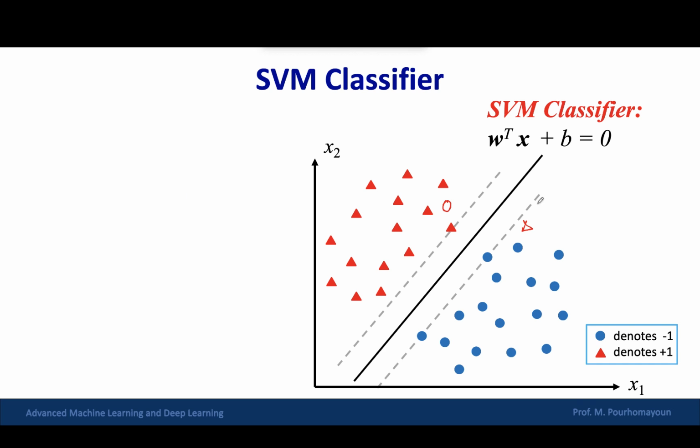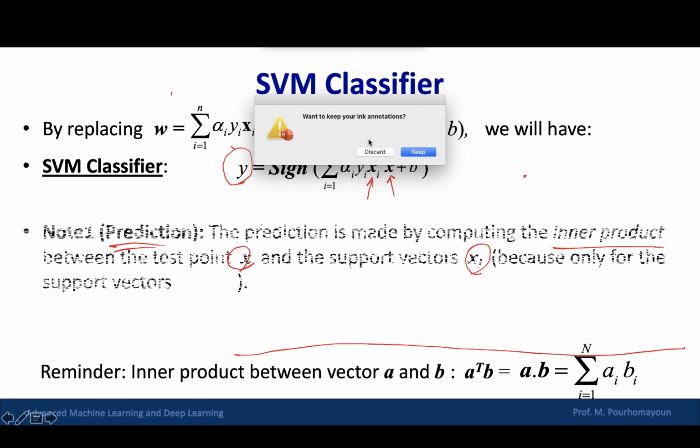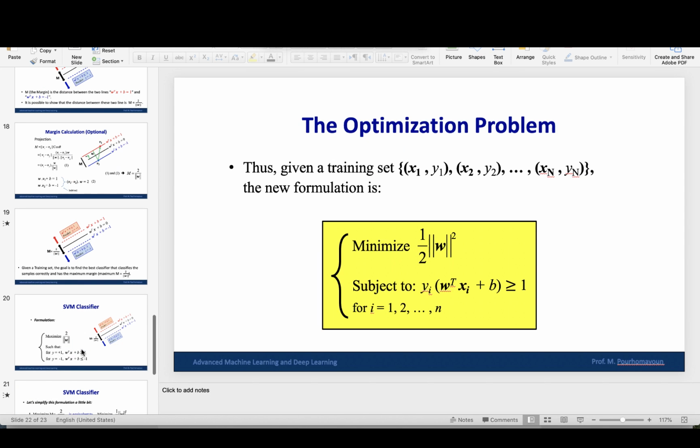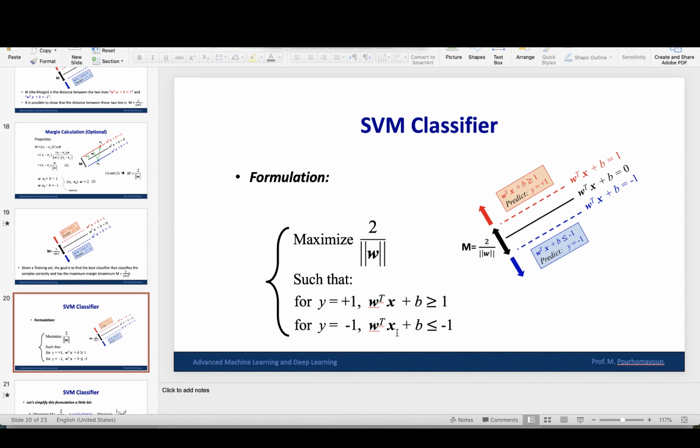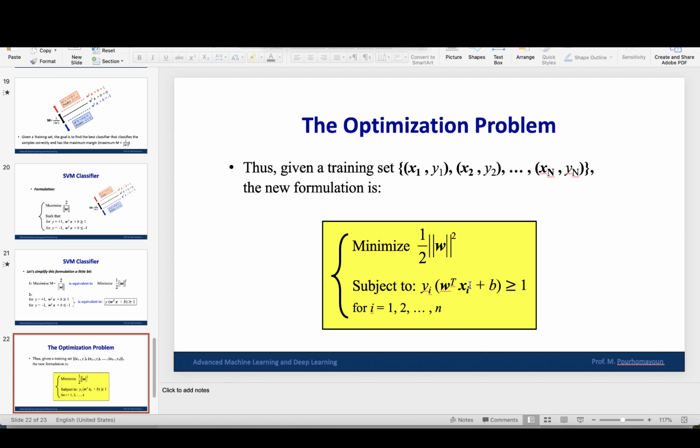Because I added some constraints. So look, this is the problem that I try to solve. I want to maximize this, or minimize the reverse of that, such that this. So this is the constraint for your optimization problem. It should always be true for all i's.